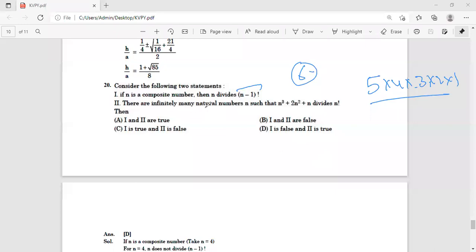The second one is not always true, but is it true for infinitely many natural numbers? So read the question carefully. So n factorial is n into n plus 1 whole square. n factorial is a large number. This n will cancel, so n plus 1 will come once. It may even come twice.